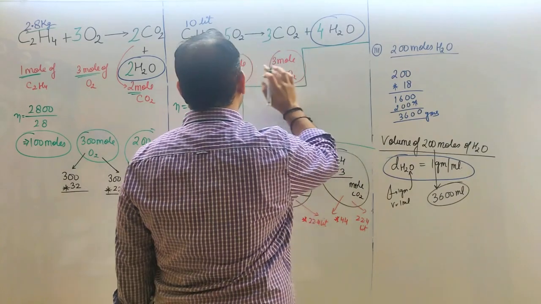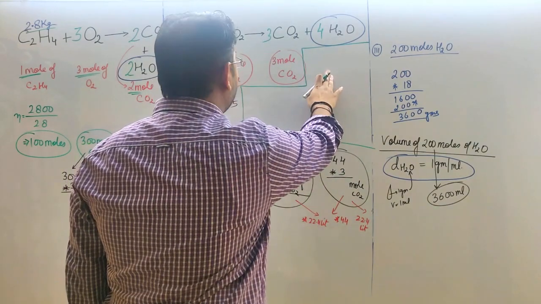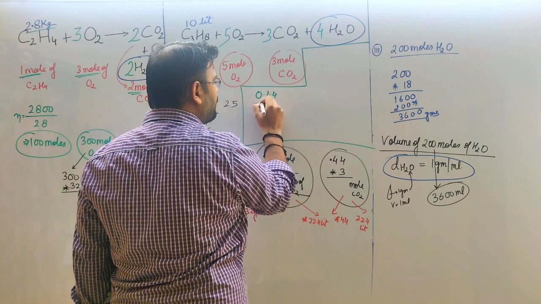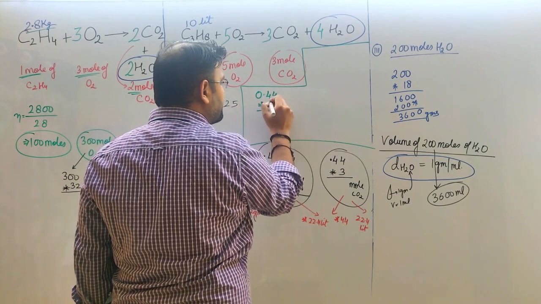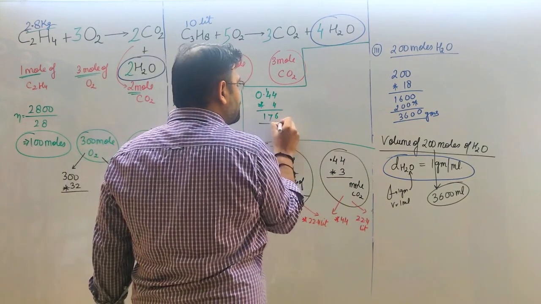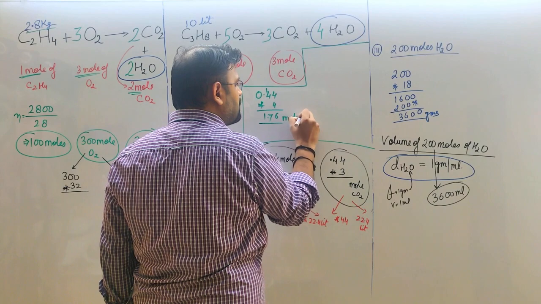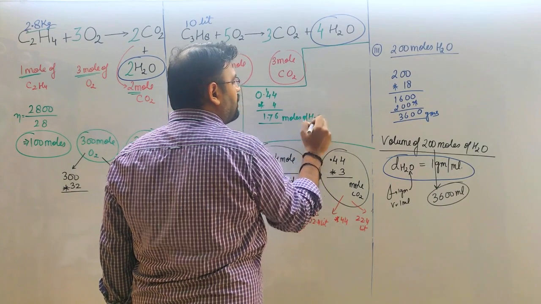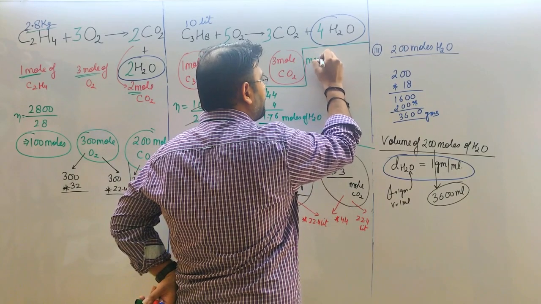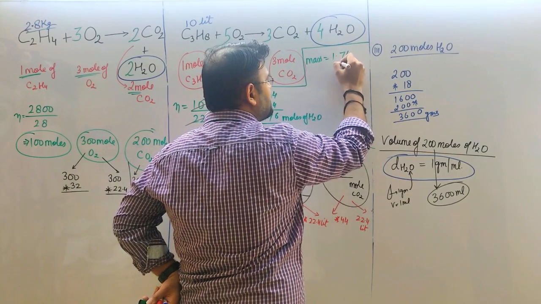For the fourth, 1 mole will give you 4 moles of H2O. We have 0.44 moles given in the question. So 0.44 into 4 is 1.76 moles of H2O. For 1.76 moles of H2O, the mass will be 1.76 into 18.